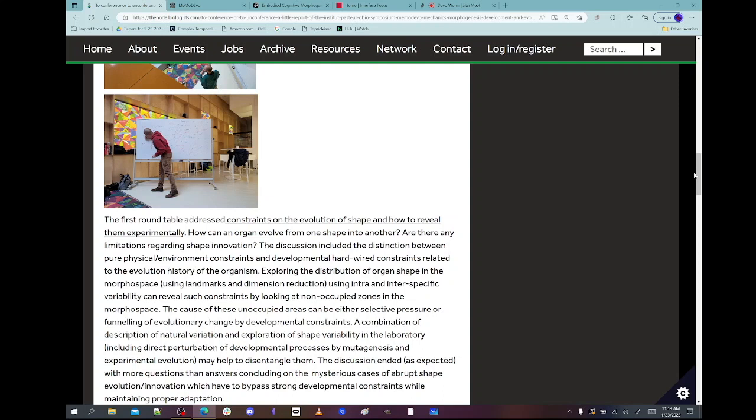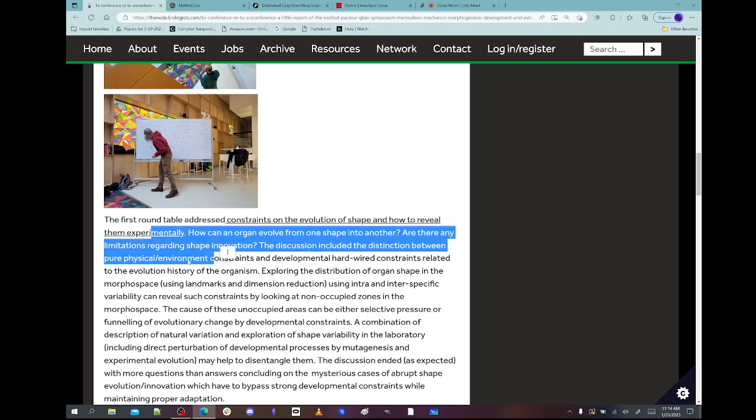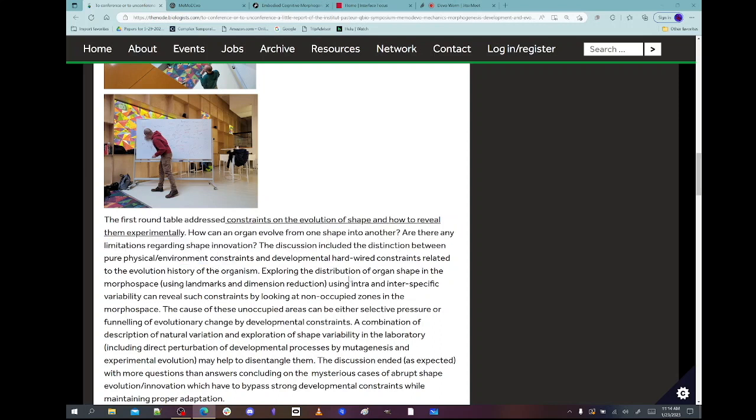So they had a roundtable. The first roundtable addressed constraints on the evolution of shape, and how to reveal them experimentally. This is the idea of taking what D'Arcy Thompson talked about and looking at it from a more modern perspective: evolutionary and developmental constraints on shape.